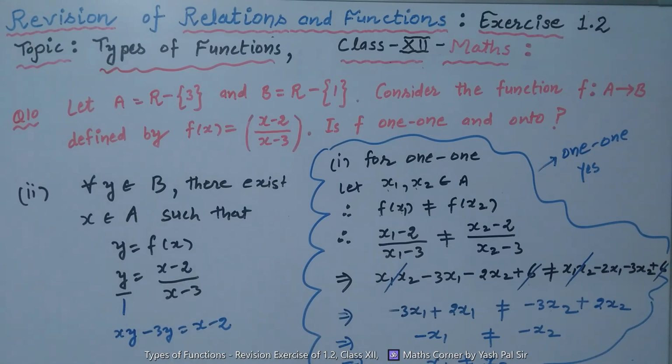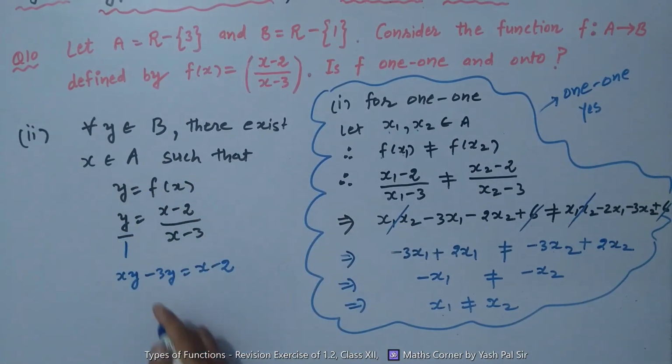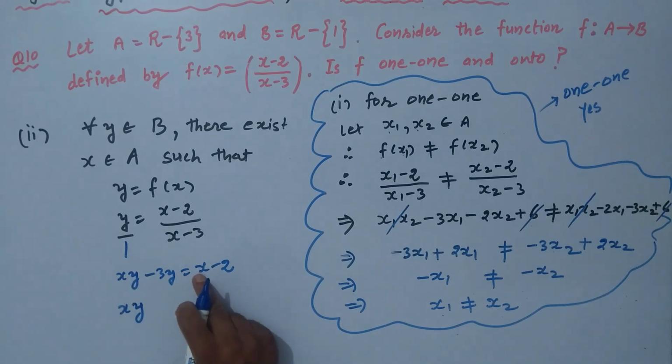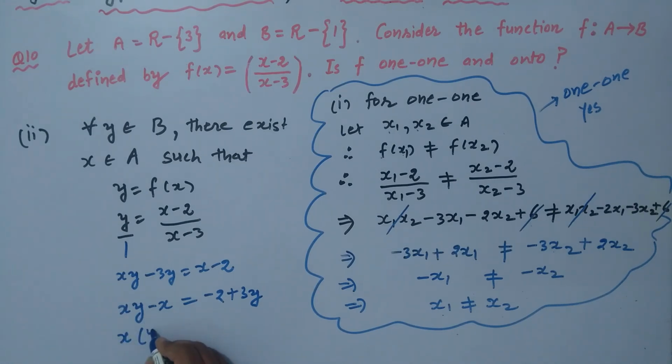Now we shall find the value of x, since there exists x. Taking terms with x and y, the x will go to the left side, minus x, is equal to minus 2, and minus 3y will go to the right side and become plus 3y. Now we take x common and are left with y minus 1 is equal to minus 2 plus 3y.